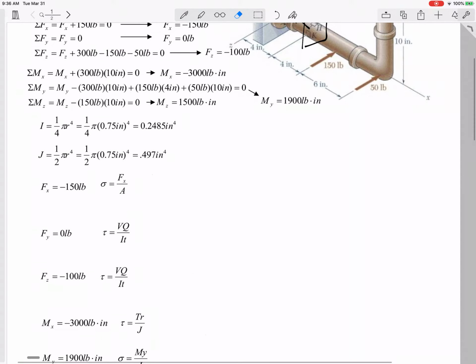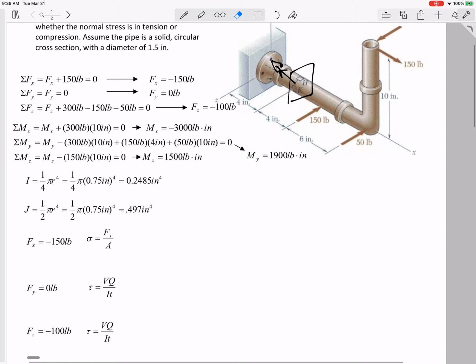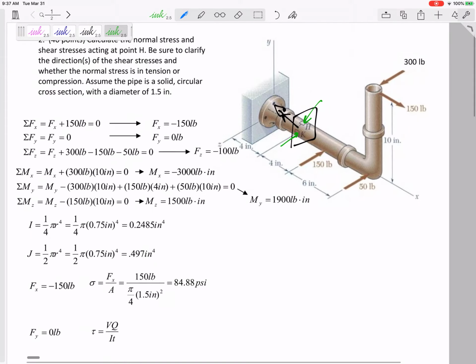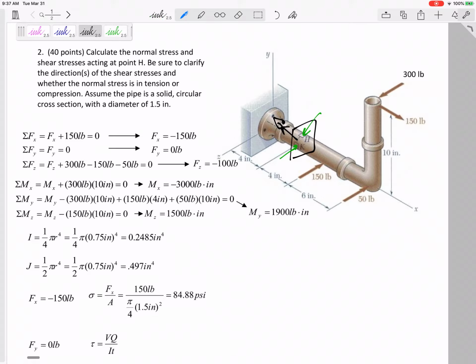All right, then let's look at this. Force in the X would cause a uniform stress. This one really didn't matter if I was looking at point H or point K or any other point. Let me draw this circle right here.